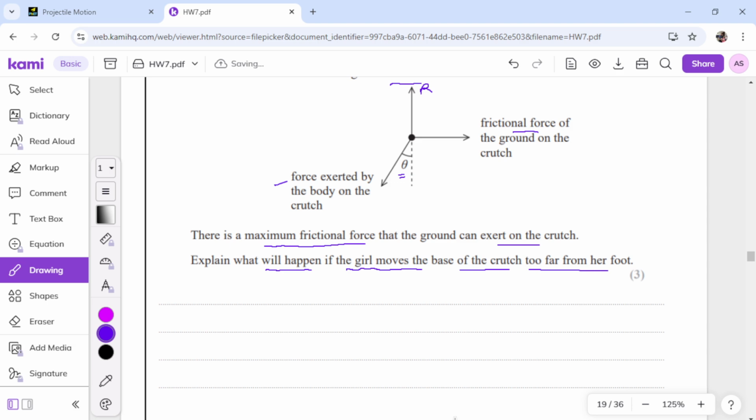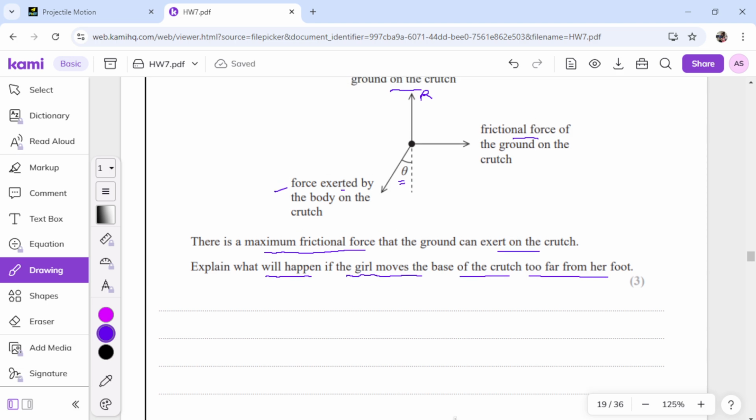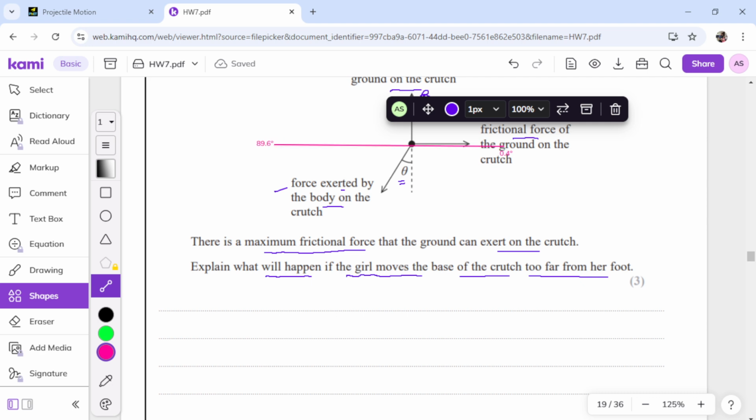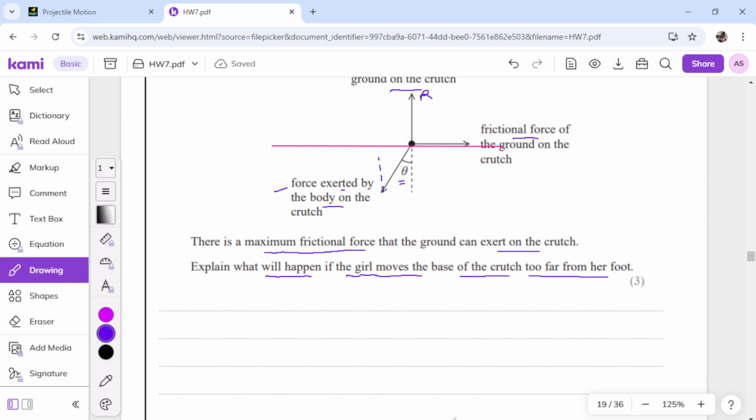So first you have to resolve the force exerted by the body on the crutch. So again I will draw the horizontal. Okay, it will be like this. For example, this is the horizontal, and I will resolve the force of the girl. So now I can write it as Fx and Fy. As you see, to be in equilibrium, the frictional force must equal Fx, which is F sine theta.